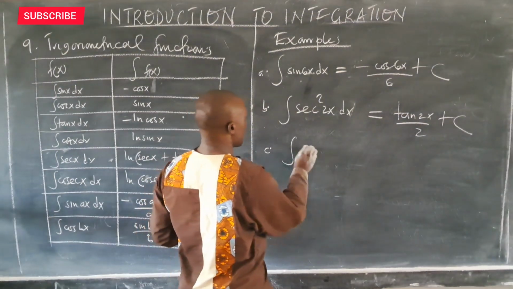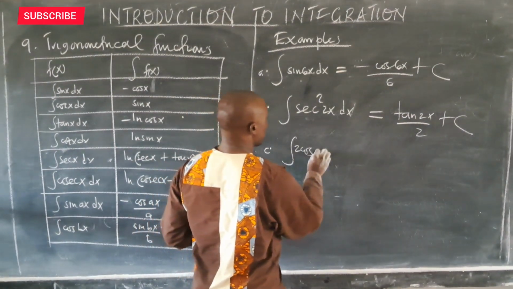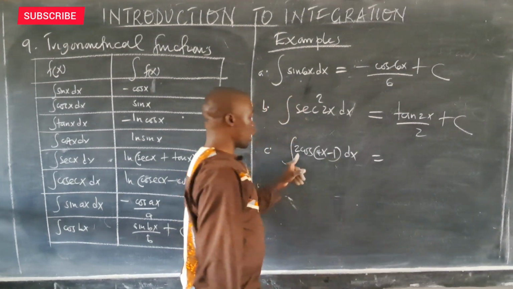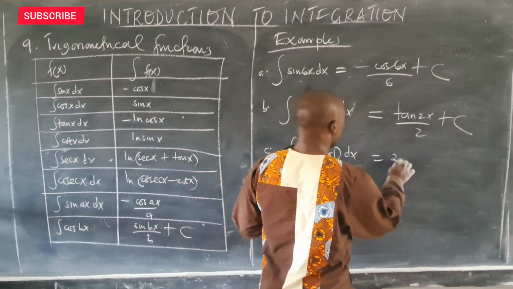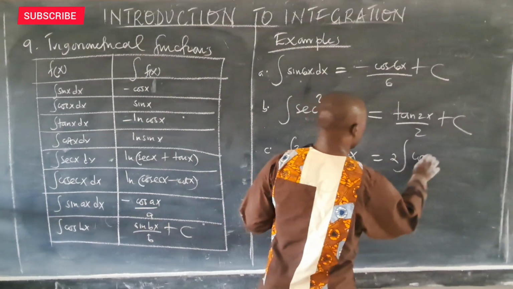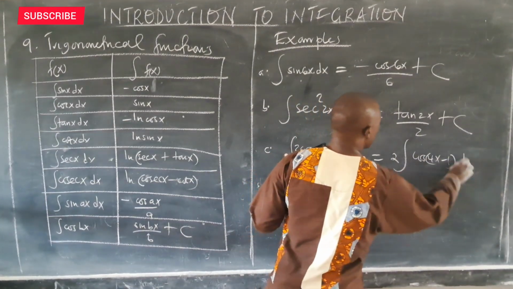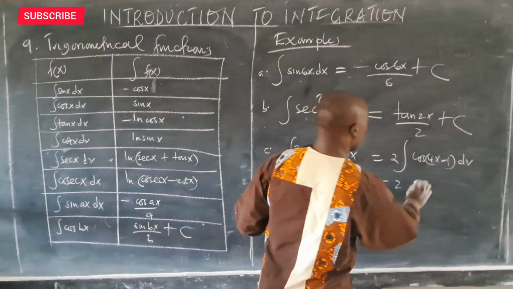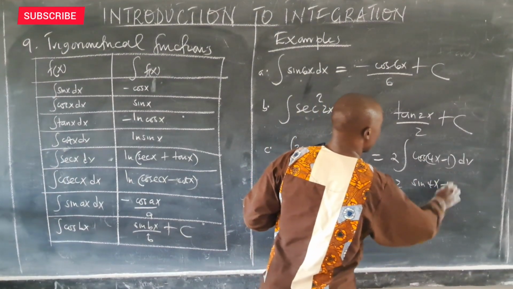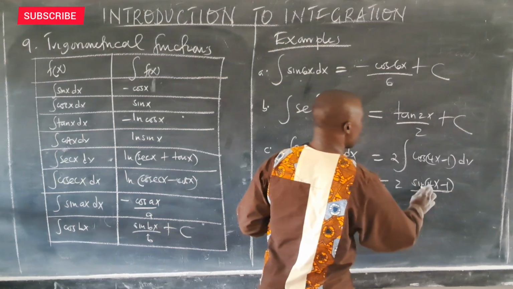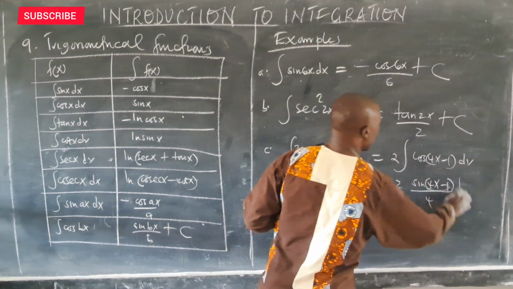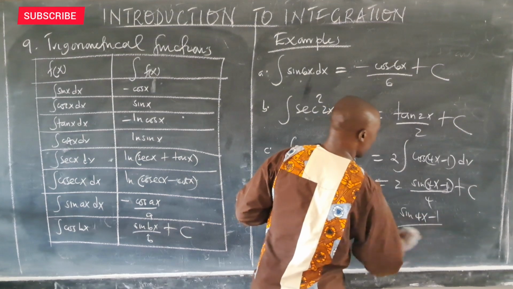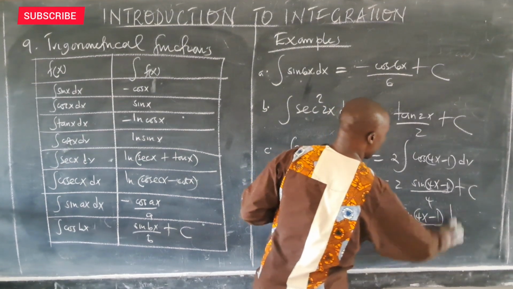Let's say maybe you're integrating 2 cos(4x minus 1) dx. Keep the 2 as a constant out. So this gives us 2 times the integral of cos, which is sine 4x minus 1, out of the derivative of this angle, which is 4, plus c. So that gives you sine 4x minus 1 out of 2 plus c.